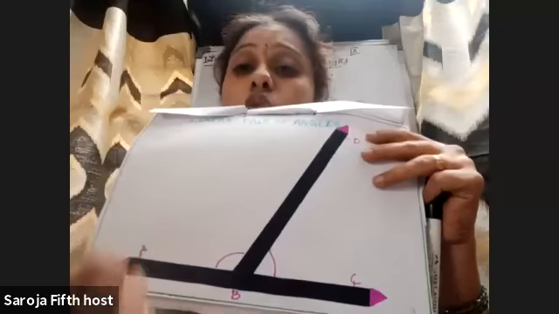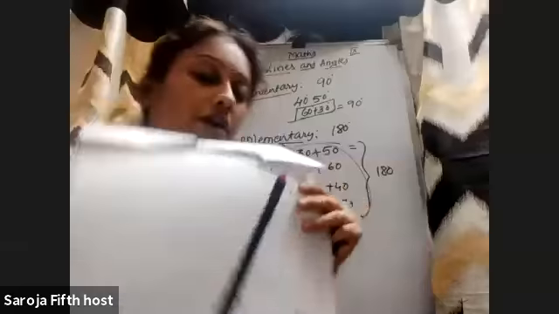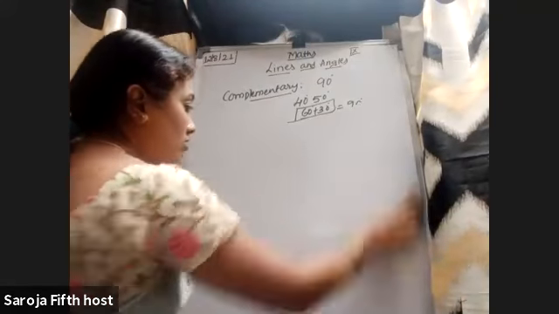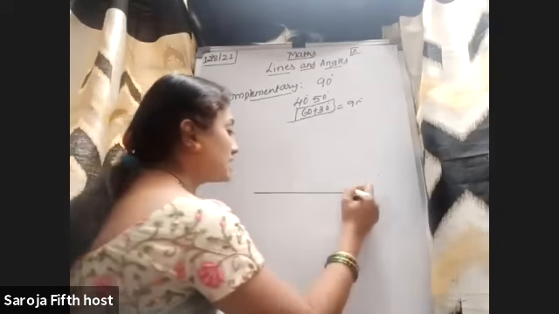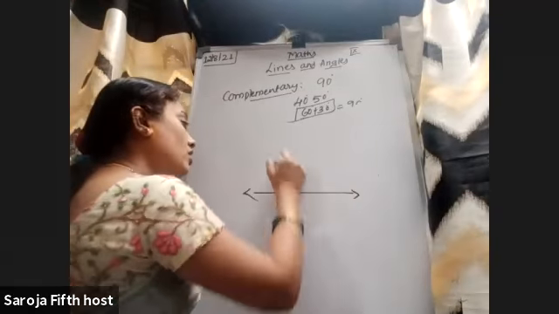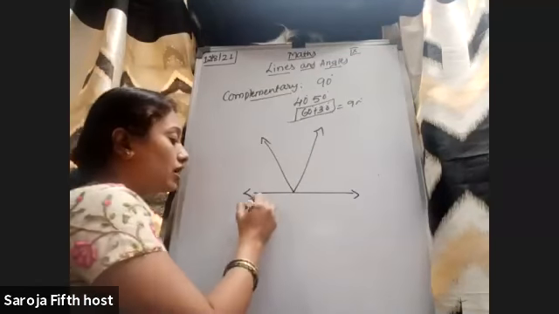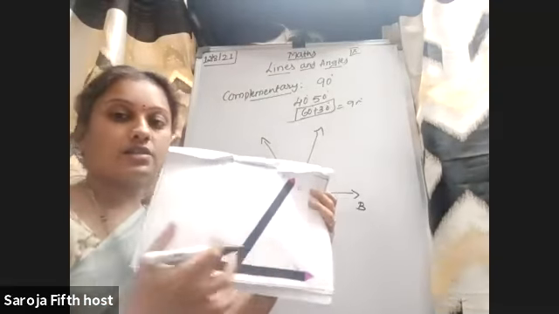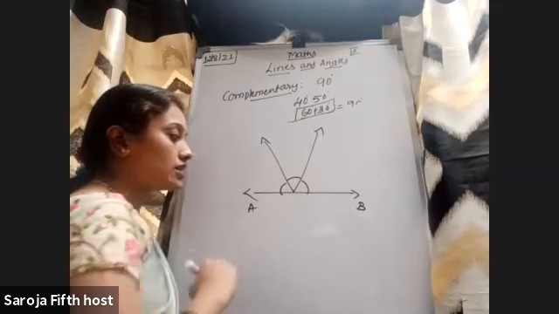And there is no rule that there should be only one ray on this. You can have two rays also, or 2 or 3 rays also. In the examples you will get like this. One straight line will be there, one ray this side, one ray this side. Then how many angles are formed here? Here it was only 2 angles, right? So here 1, 2, 3 angles are formed.